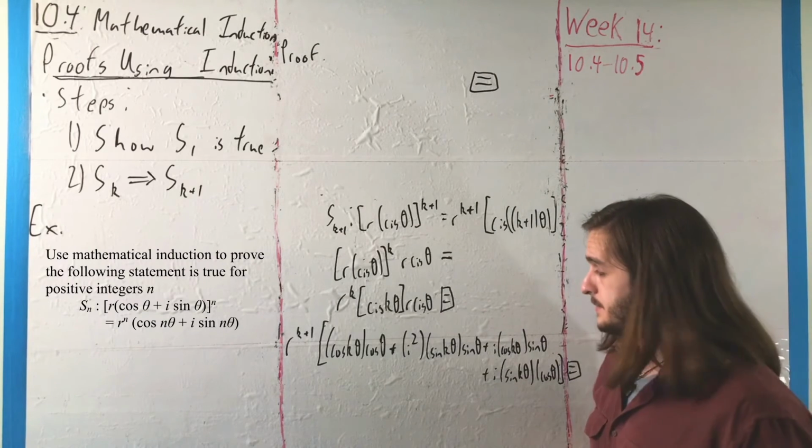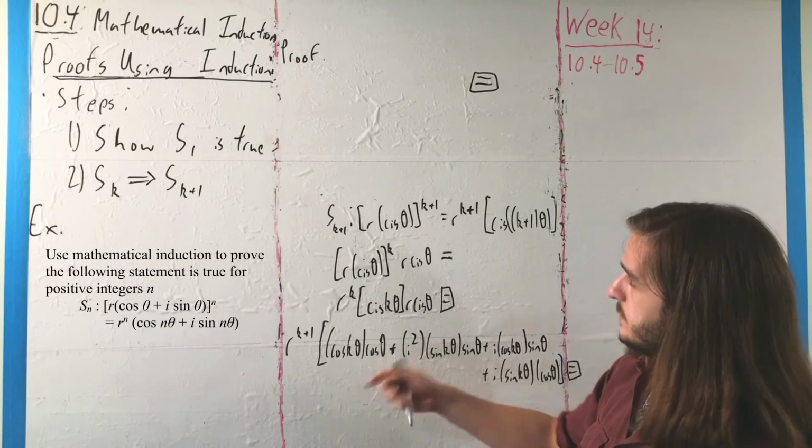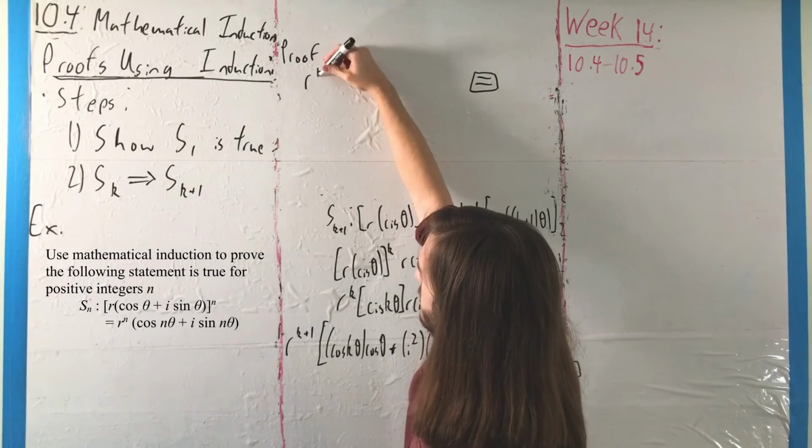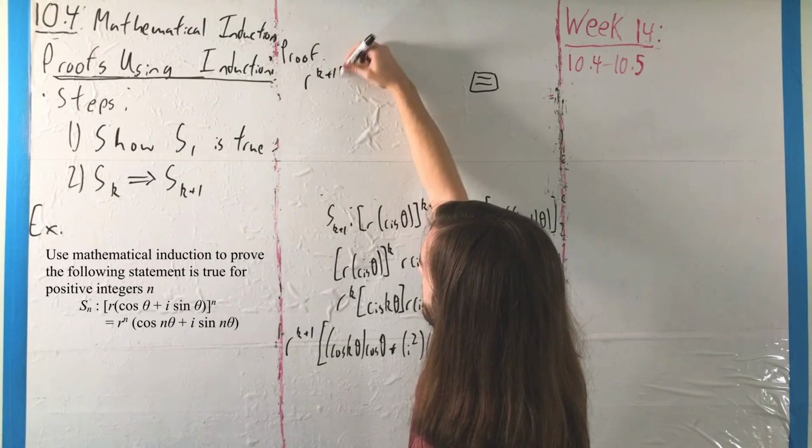Now, picking that back up, looking down here, well, for one, let's just bring that r to the k plus 1, because that's going to have to come to the party.